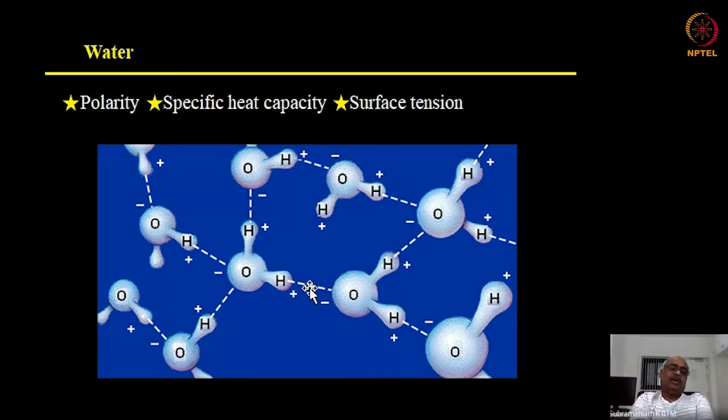Okay. And due to this nature of hydrogen bonding, which is coming from the strong electronegativity of the oxygen atom, you need to provide a lot more heat energy to raise the temperature of a unit quantity of water by 1 degree Celsius, which we call the specific heat capacity.